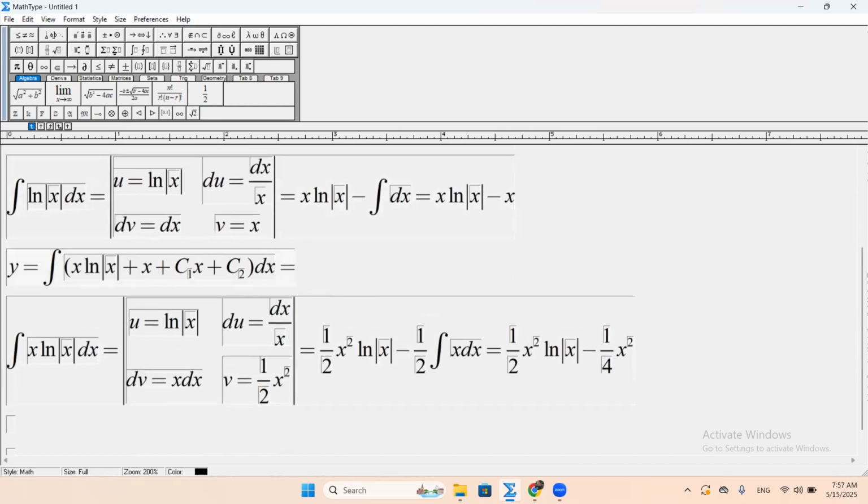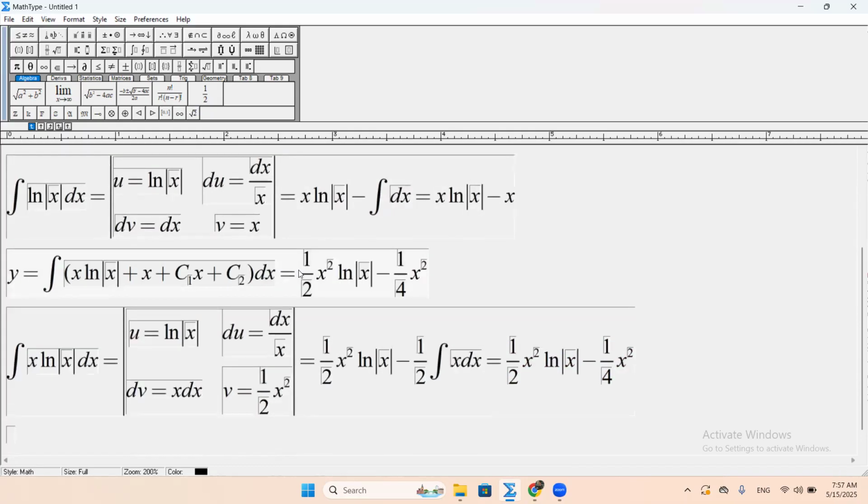So the final answer will be the following. So 1 over 2x square logarithm module x minus 1 over 4 x square plus, so integrating this part, minus, of course, because here must be minus 1 over 2x square plus 1 over 2 c1x square, by the way, plus c2x plus c3.